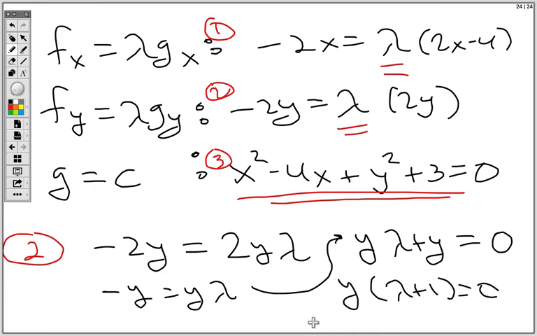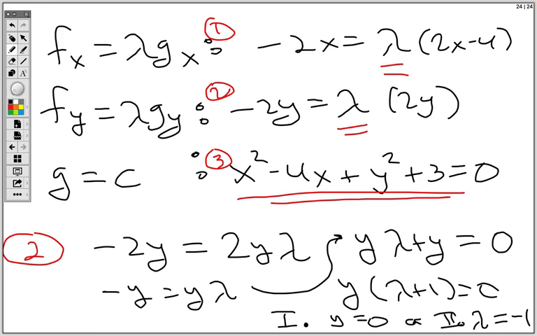And so now I'm going to get two cases, right? I've got y times lambda plus 1 is 0. So case 1, I'll do Roman numerals here: either y is 0, or case 2, lambda is what? Yeah, -1. Okay.